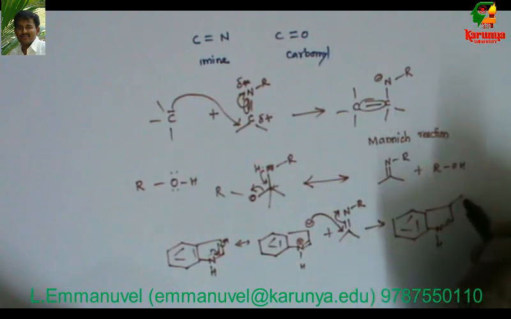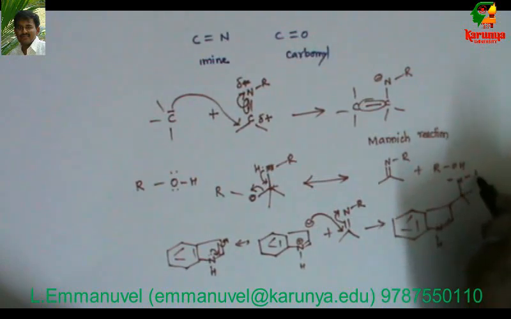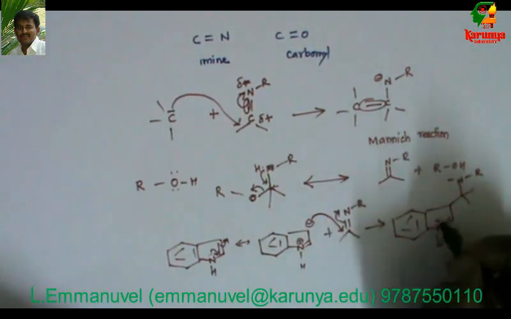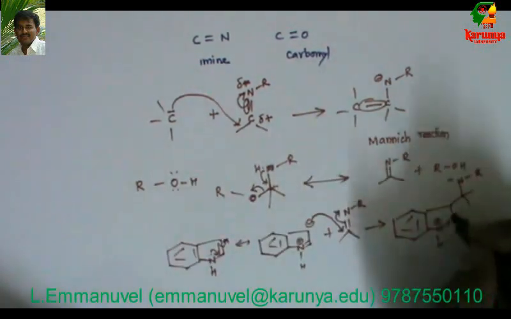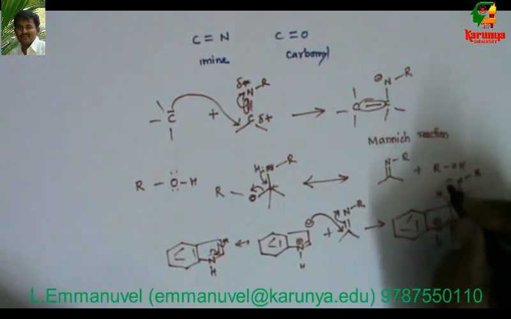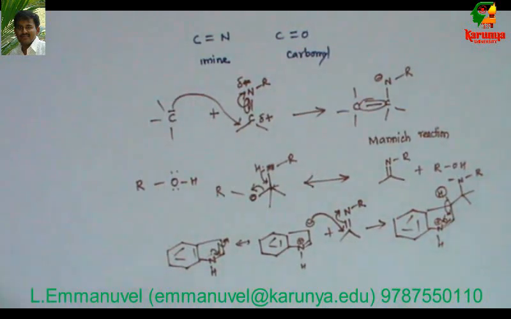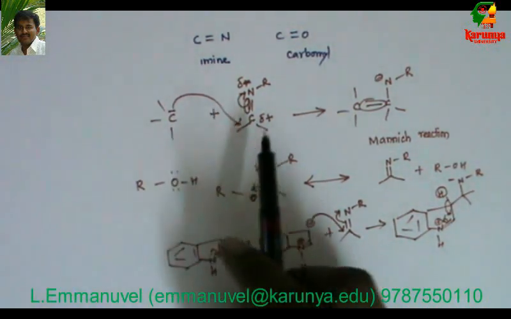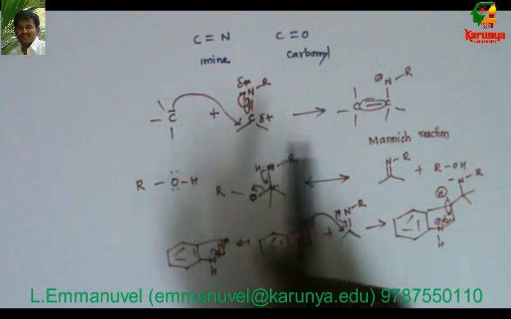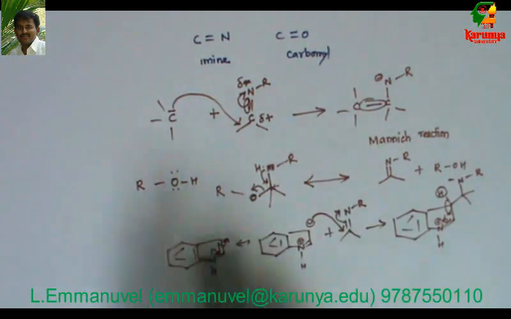What we get is like this. This hydrogen is taken by that, falls here, and we get the Mannich product. So a carbanion can add to imine, and that is called the Mannich reaction.